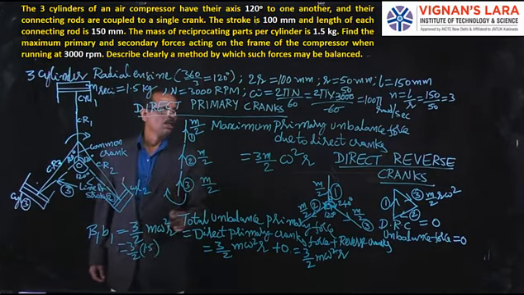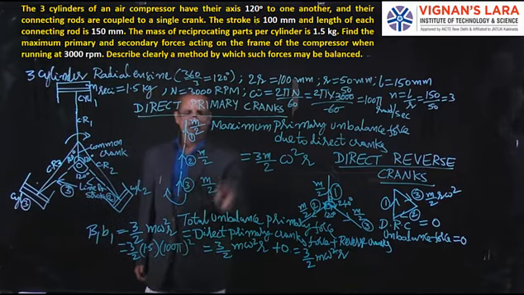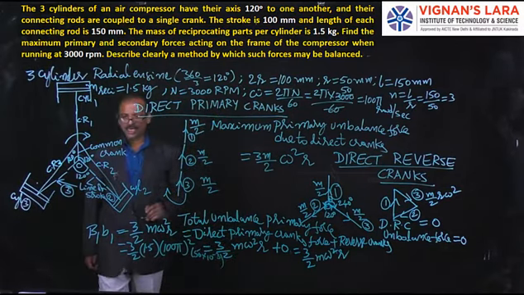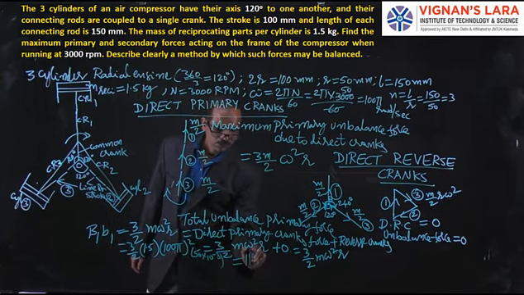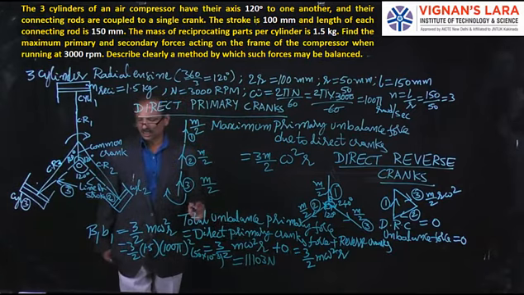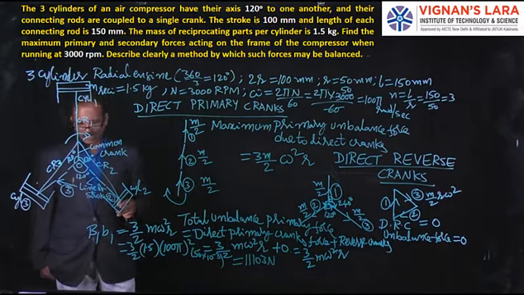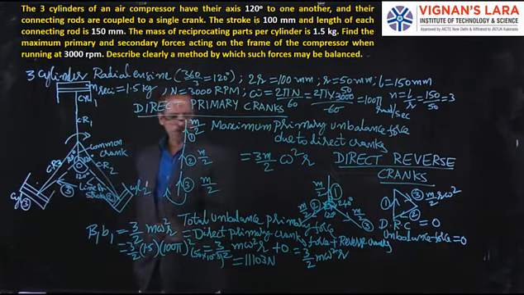Omega is how much? 100 pi. R, what is the R? 50 into 10 power minus 3. Okay, that gives 11103 newtons.